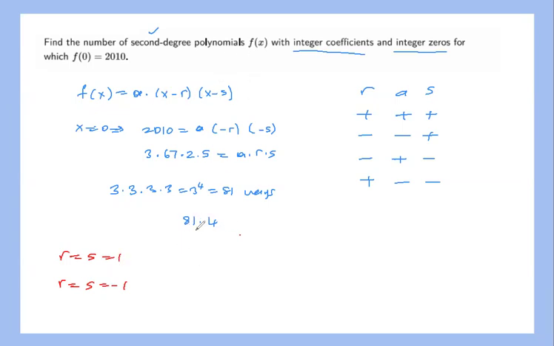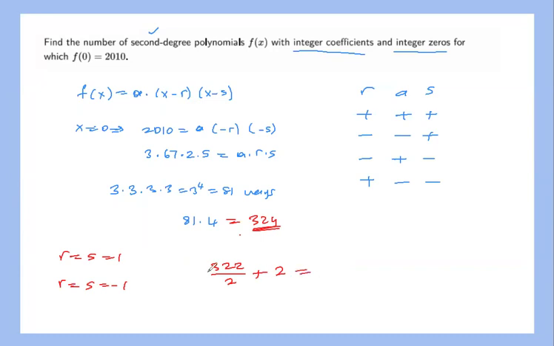But for the other one, we got 324 right here. So we had 324 ways to assign these three numbers, a, r, and s. But out of those 324, two of them are going to have no swapping. So let's subtract that, which gives 322. And the remaining numbers can have swapping, which means r and s could be swapped, and that will give you the same polynomial, which is why we have to take half of this, which is 161, and then add our two other polynomials that will not have any swapping.